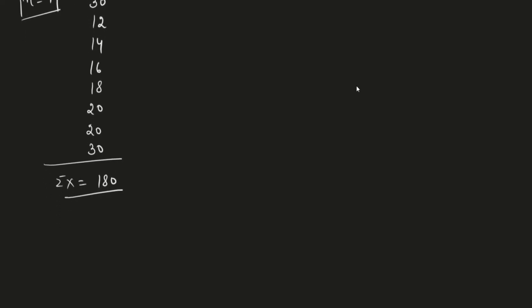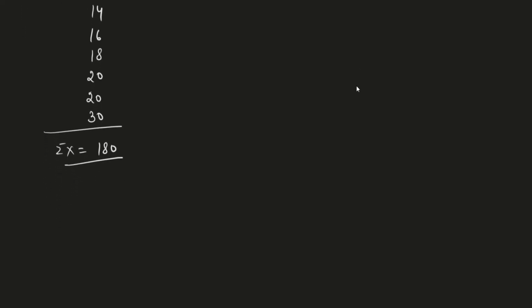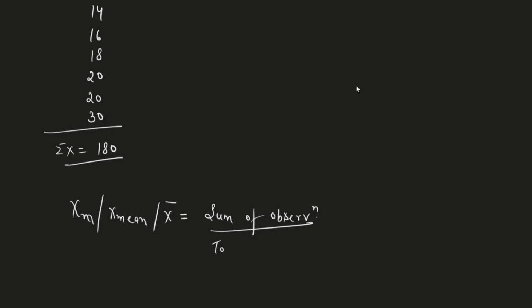Now what we have to do, we have to find the mean of this data. So how do we find the mean? Mean should be represented by xm, x mean, or you can say x bar, right? These three are the ways to represent the mean: xm, x mean and x bar. You can use any way, right? But how do we find out the mean? Mean should be sum of observation divided by total number of observation, right?